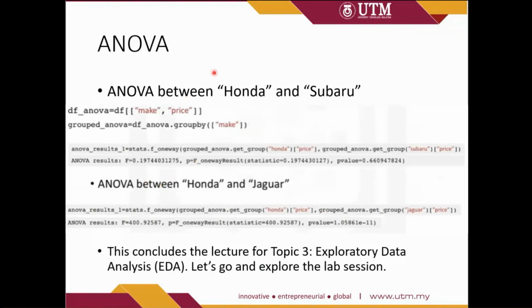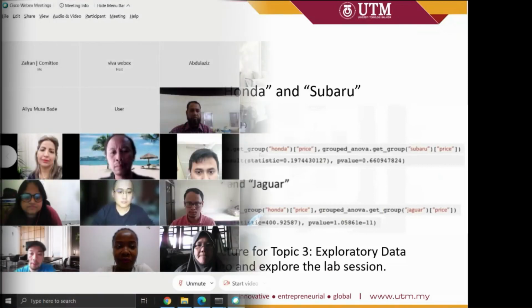F equals 401 and the p-value is less than 0.05. So all in all, we can say that there's a strong correlation between a categorical variable and other variables if the ANOVA test gives us a large F-test value and a small p-value. Now this concludes the lecture.